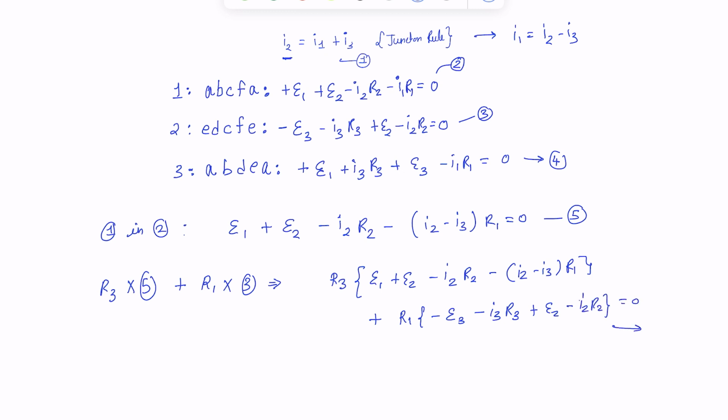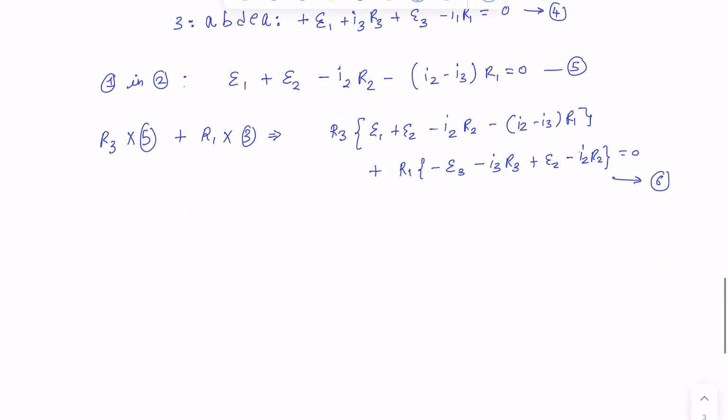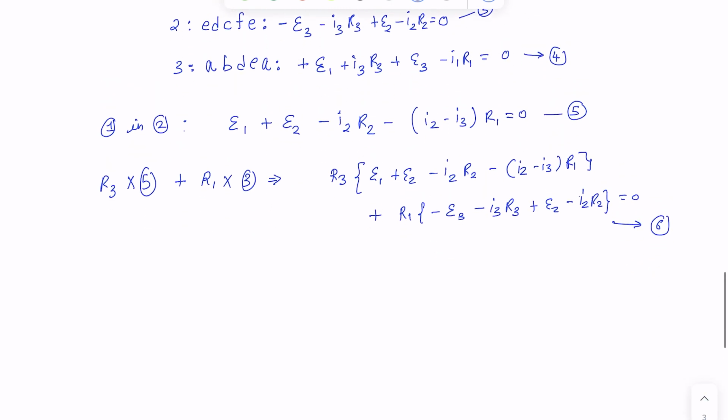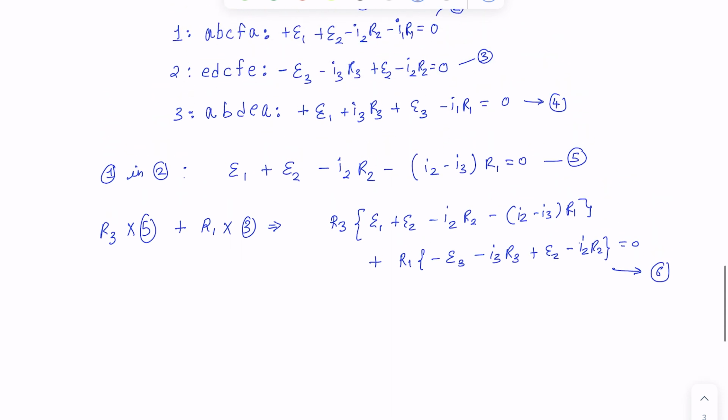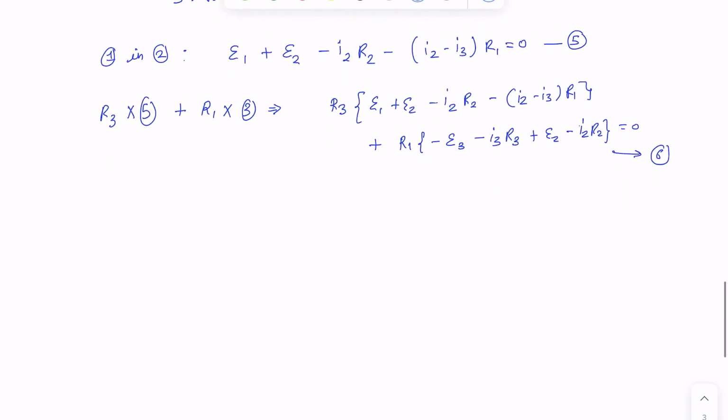Let's call this equation 6. You will see that things will be cancelled here, and when you solve this equation, we are solving this equation for I2. When I say solving equation for something, that something should be in terms of everything else.